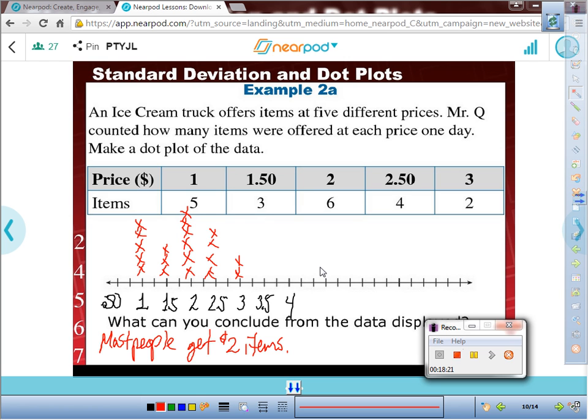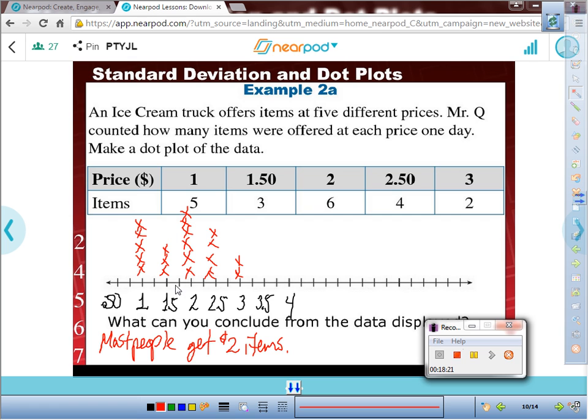Volunteers. If I was an ice cream person, I would make most of my items cost like $2 or around that. So make items cost around $2. Okay. What else? I'd make the stuff that's cheap cost $2. Okay. So kind of around the same area.